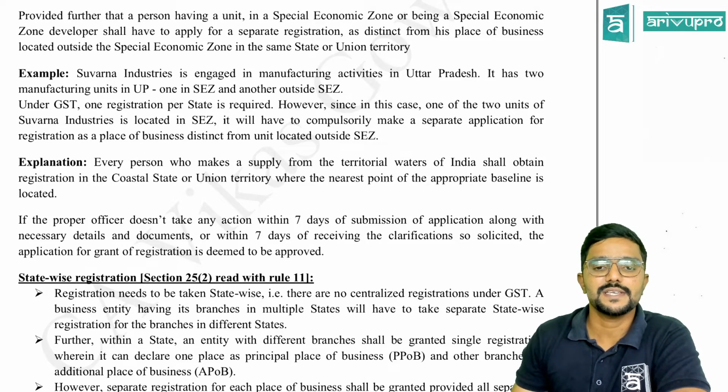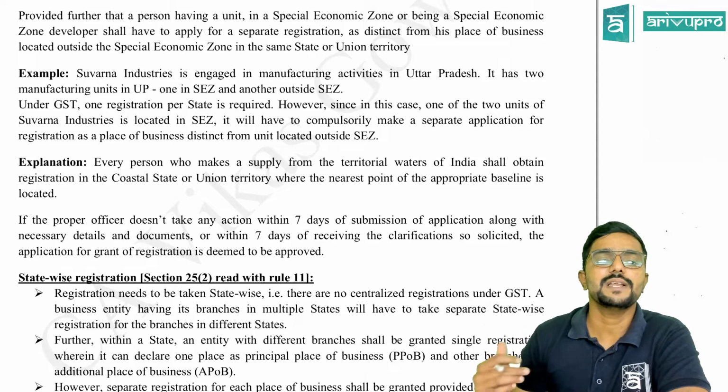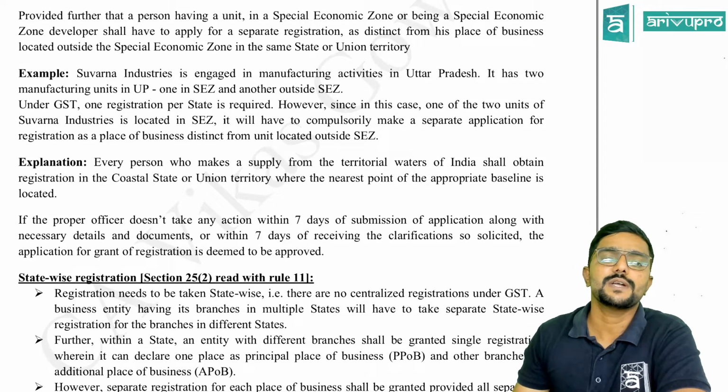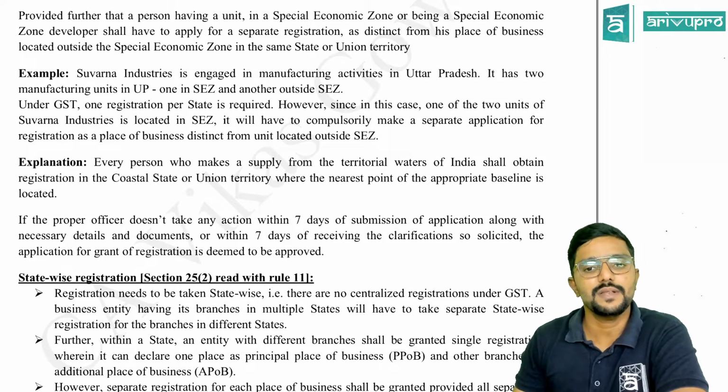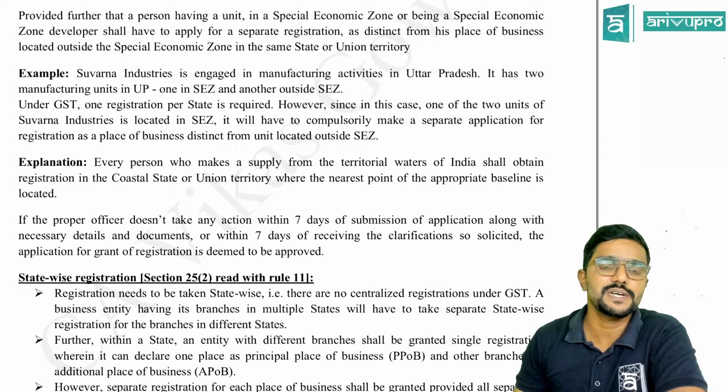However, since in this case one of the two units of Suvarna Industries is located in SEZ within the same state, it will have to compulsorily make a separate application for registration at a place of business distinct from the unit located outside SEZ. In simple, they have to take two different registrations in Uttar Pradesh. One is for the SEZ unit, the other one is for the non-SEZ unit.